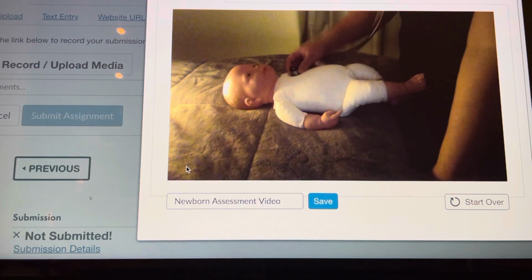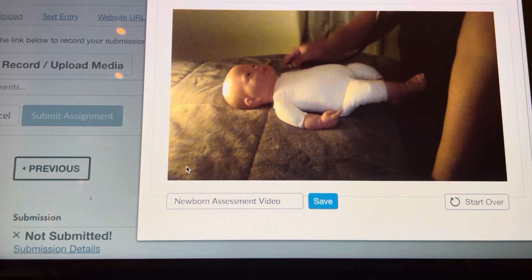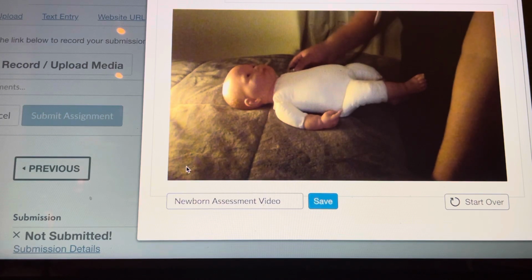I am also searching for extra heart sounds or diminished heart sounds, just trying to see how the heart is sounding and the rate. So next I would move on to the respiratory rate. So I'm assessing respiratory rate and clarity, so I'm expecting for the lung sounds to be clear.